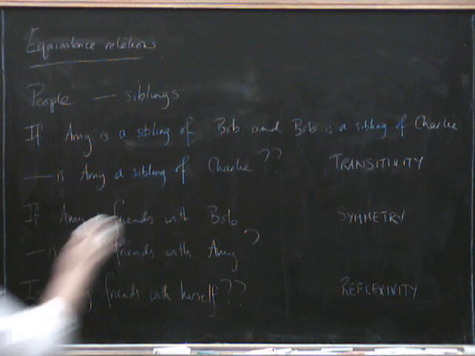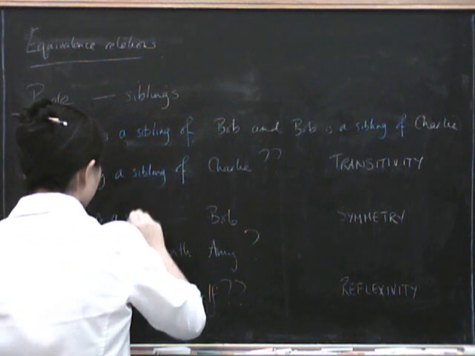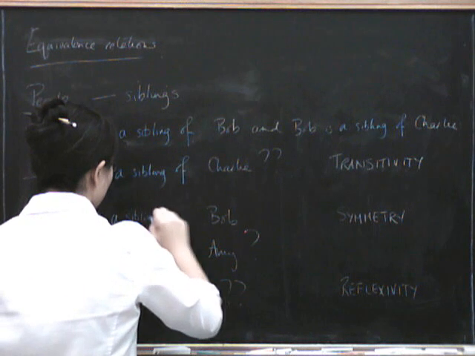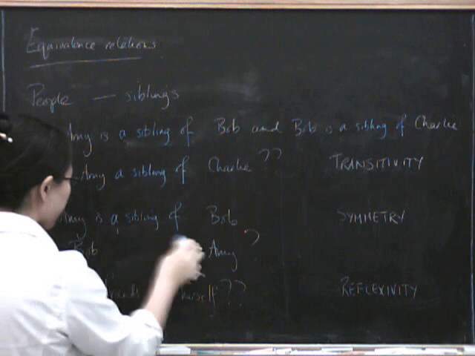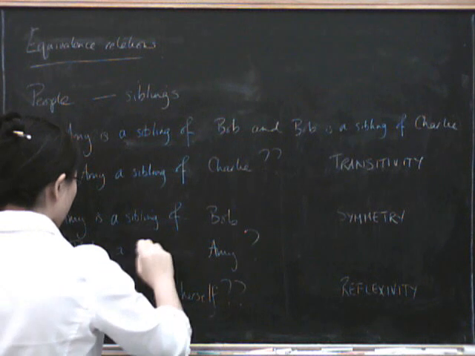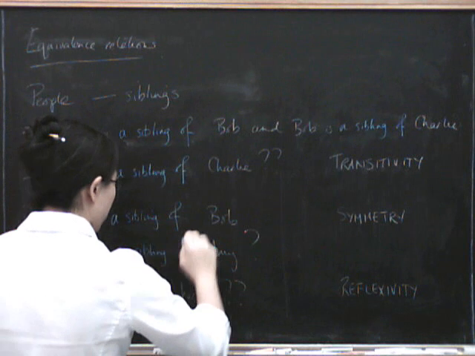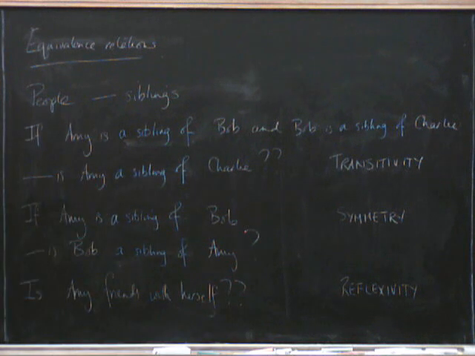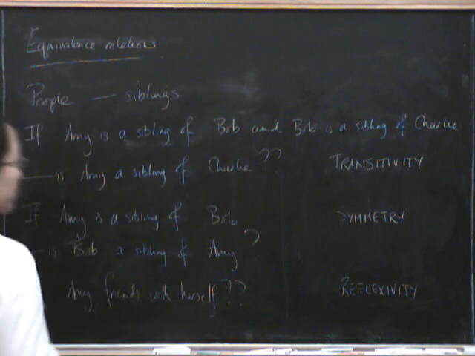So what about if Amy is a sibling of Bob, is Bob a sibling of Amy? Yup, that's true.